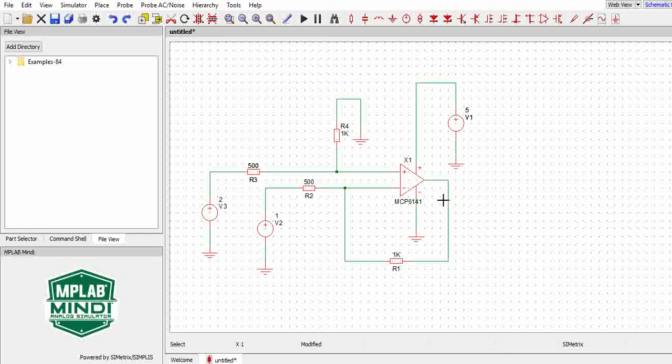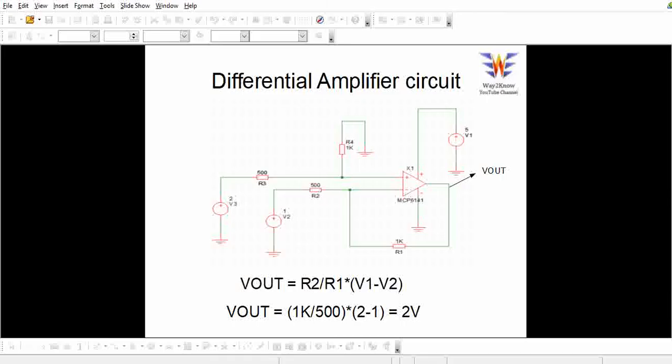If you have followed the theoretical calculation as shown in this presentation, we might have assumed that with an input voltage of 1 and 1 the output should be 0, but that is not the scenario, right?